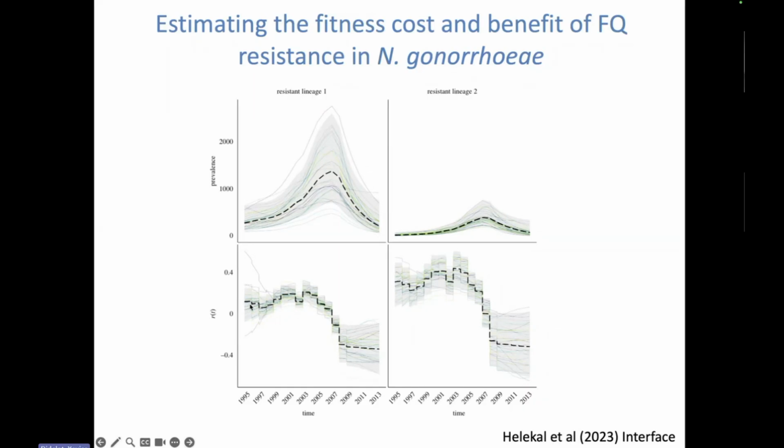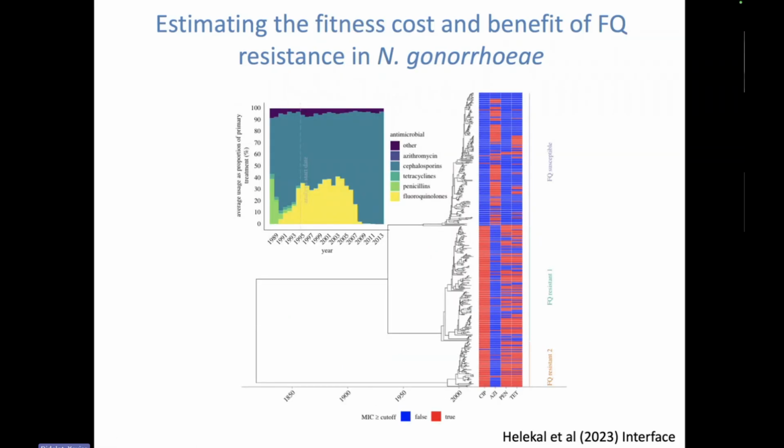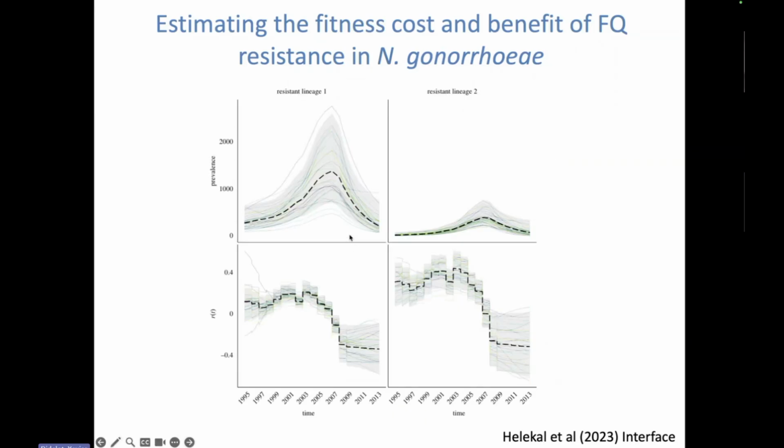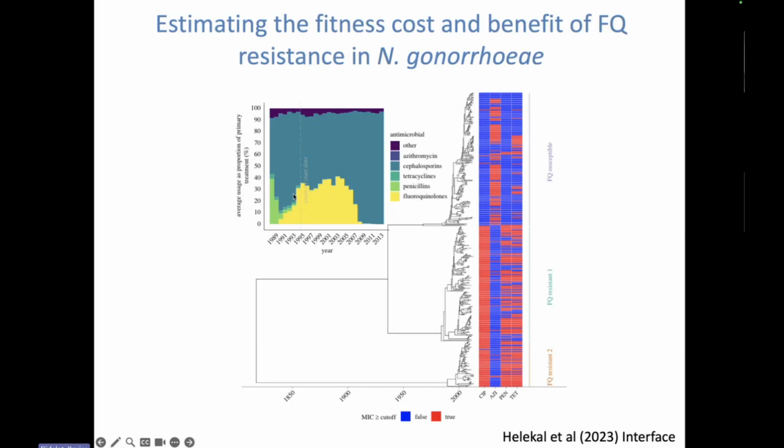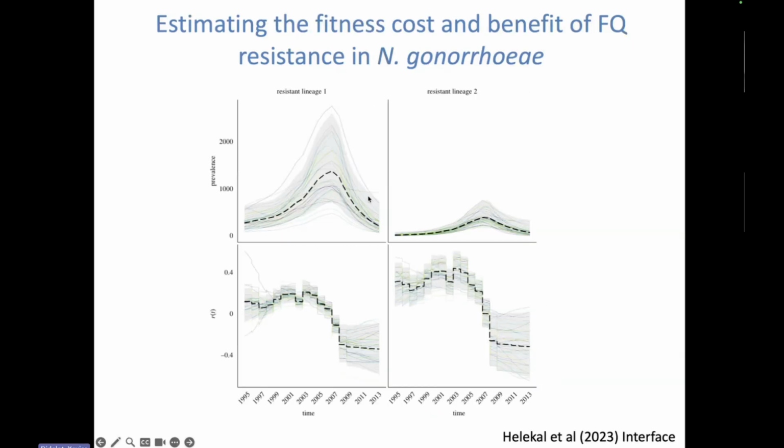Okay, and so you can see already that this R of T, what we estimate about the growth rate of this lineage, looks a lot like the profile of usage that we have for fluoroquinolones. So there seems to be a very strong correlation between how much we use this antibiotic and how well those lineages spread.